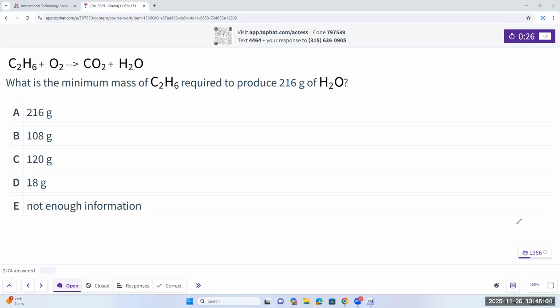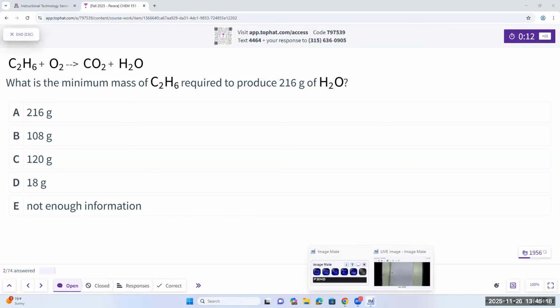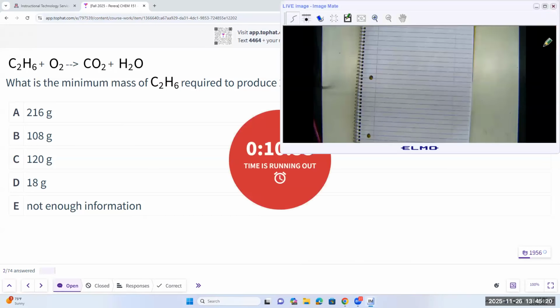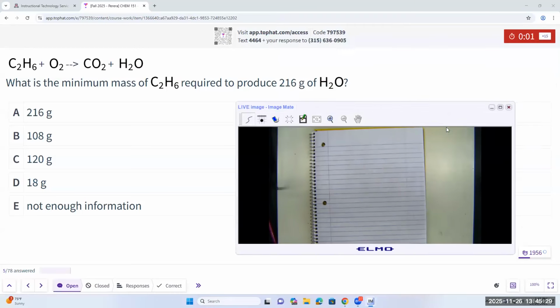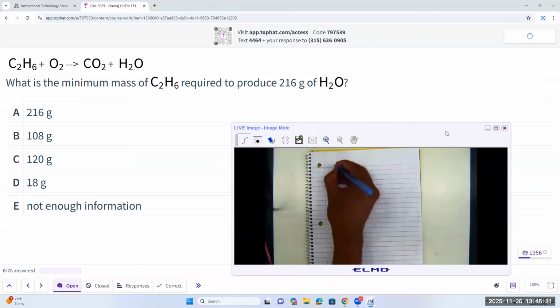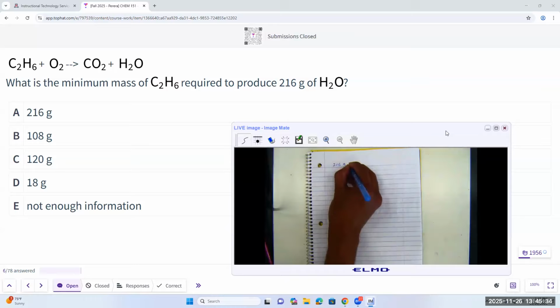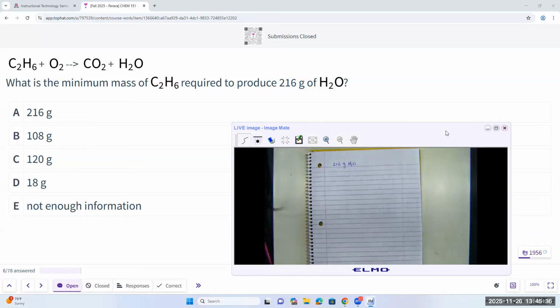Think about what is given. Start with that. Always start with what is given. So I'll even write what is given. What is given is 216 grams of H2O.